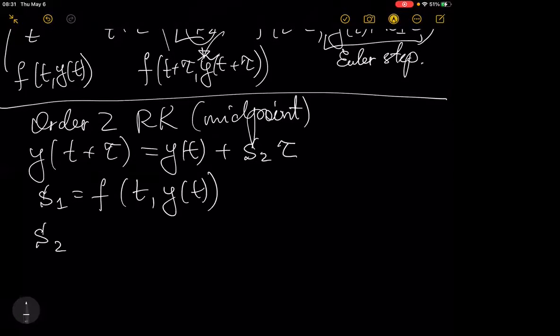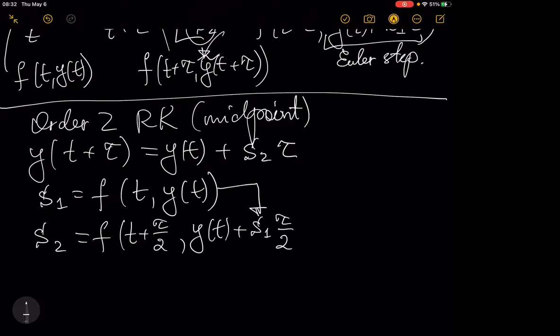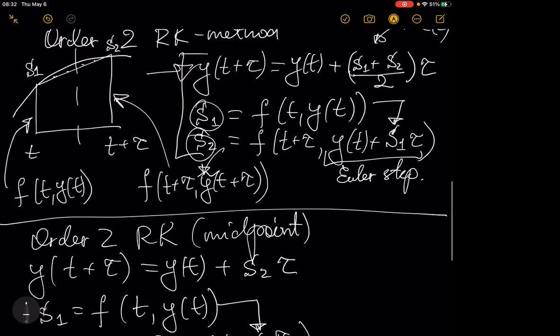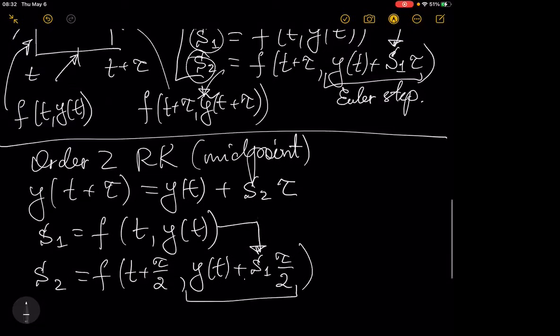But the slope at the midpoint is nothing else but f(t plus tau divided by 2, y(t) plus S1 tau divided by 2). S1 is nothing else but this. So once again, you're using an Euler step. So it's exactly the midpoint method which we used here. The only difference is that here you use Newton-Cotes of the second order, but the open rule, right? So midpoint.